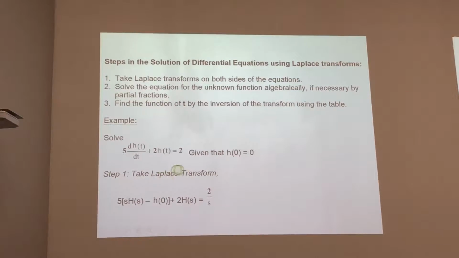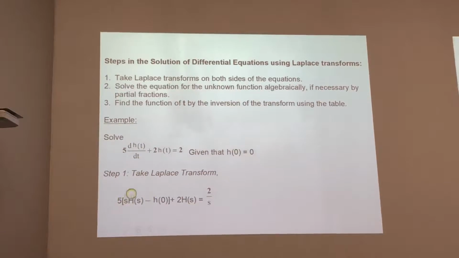The dh/dt, if you refer to the table, is sH minus h0, where the small letter h after Laplace becomes the capital letter H. And then 2 is the unit step function, which after transform becomes 2 over s. So you convert a differential equation into a normal algebra equation by the Laplace transform.